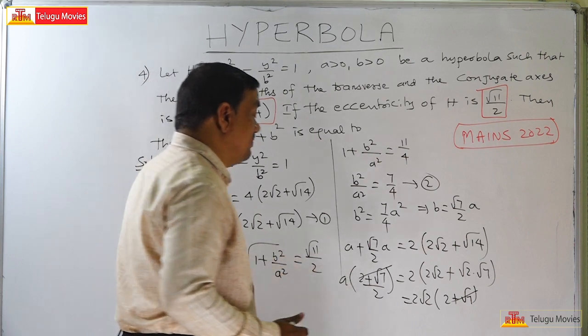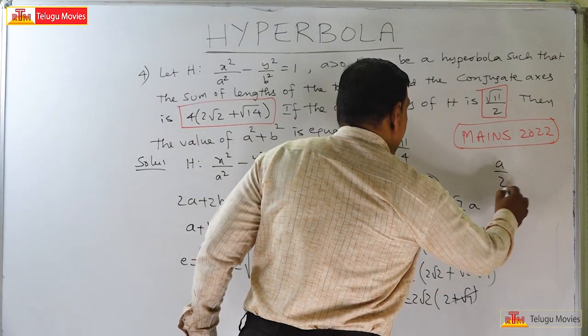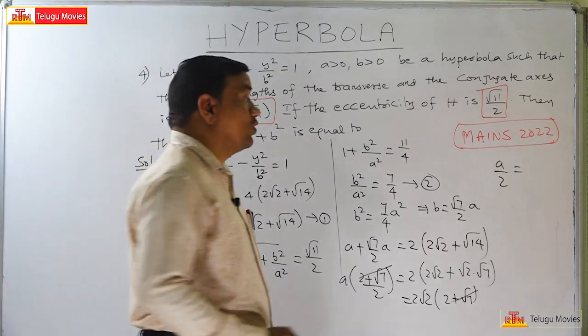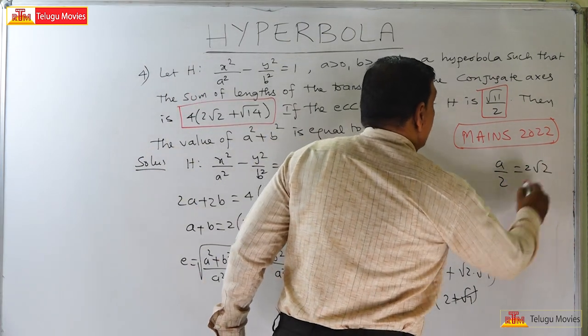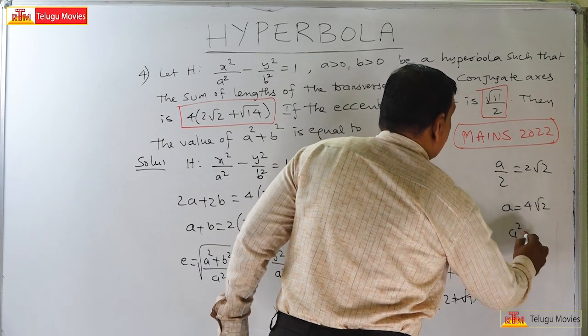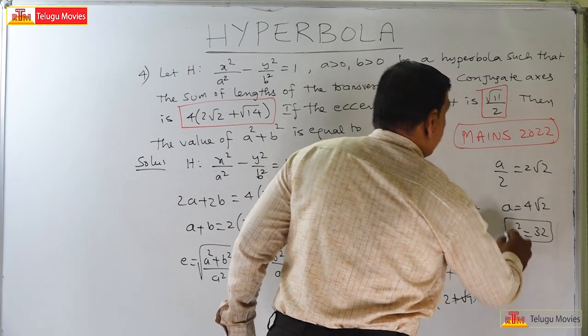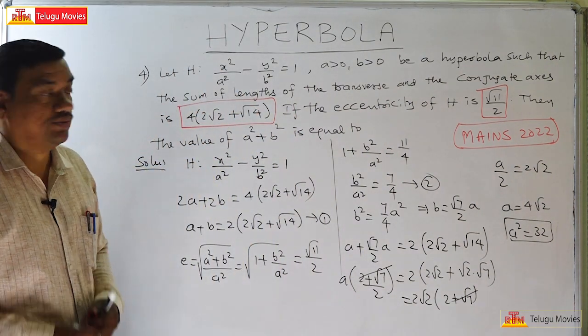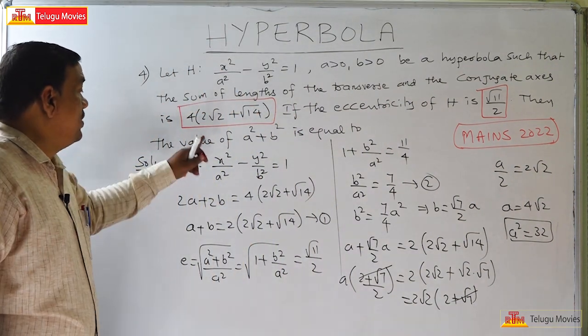Ultimately what remains? a by 2 is equal to 2 root 2. So a is equal to 4 root 2. a square is equal to 32. 16 twos are 32. So a square value is 32.